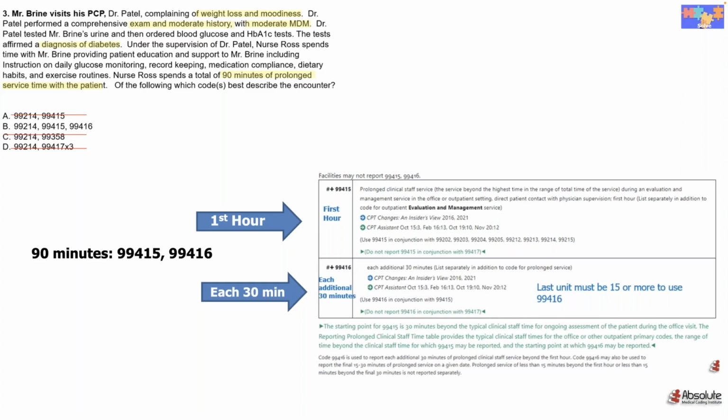So we've got 90 minutes. 90 minutes is going to equal 99415 and 99416. And remember, these are add-on codes, so we have to include the doctor's level of service, and that's going to be 99214, 99415, and 99416.